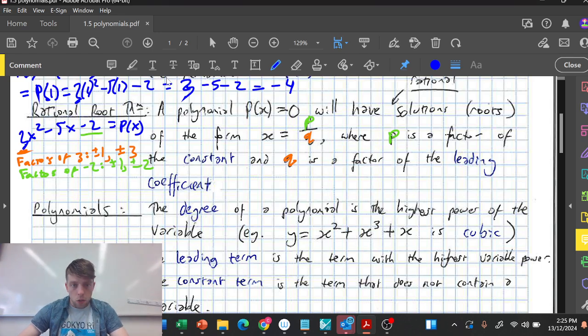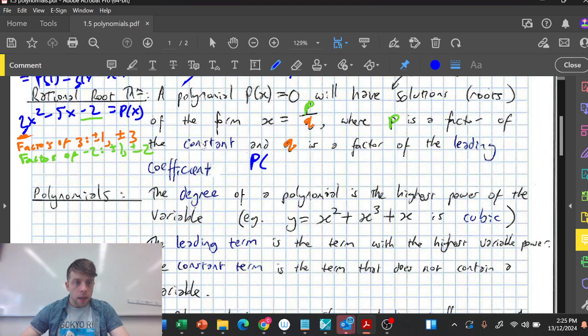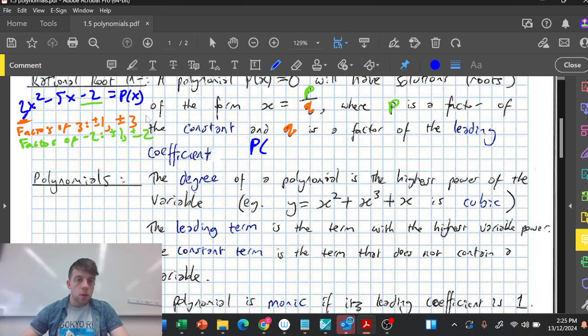So why don't we now try, let's do it over here so it's a bit easier to see, one of these green numbers. It could be 2 divided by 1. So is 2 a factor of this polynomial? Let's put 2 into this equation. This will become 3 times 2 squared minus 5 times 2 minus 2.